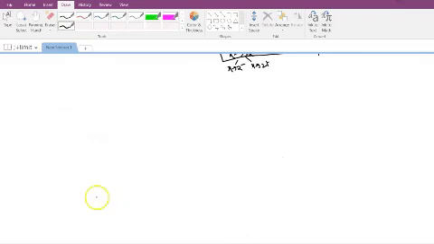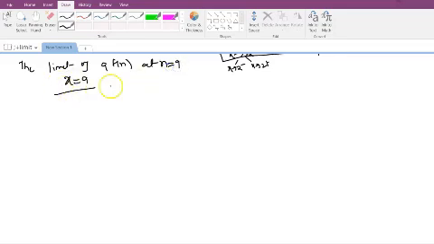So suppose you take a general point a, okay, and we need to find the limit of a function f(x) at x equal to a.